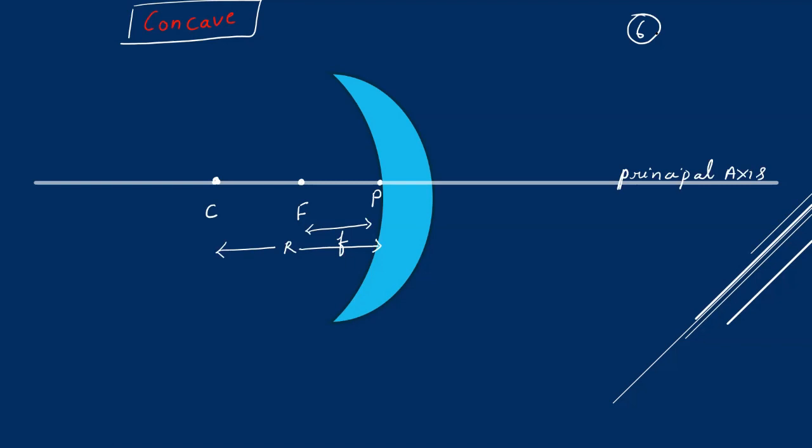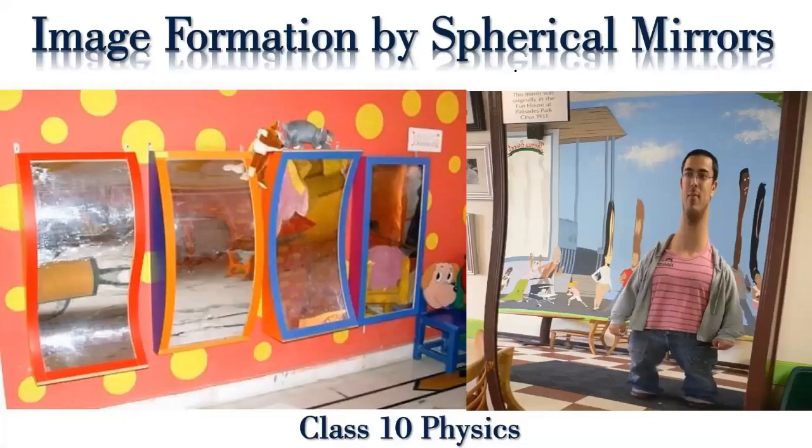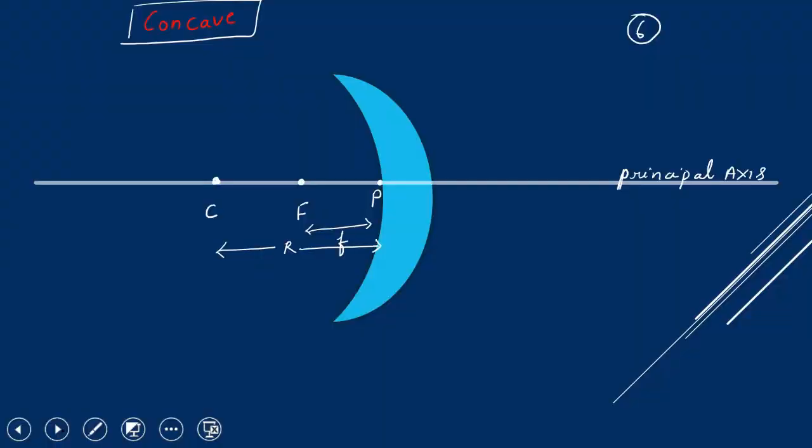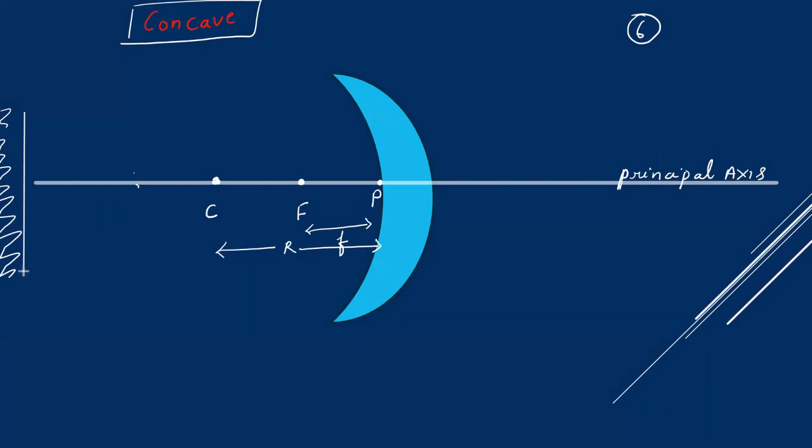Just to give you an idea, on the basis of this diagram, I'm going to tell you the 6 positions. Number 1, we're going to keep our object at infinity. This is infinity, so this is my object at infinity. This is the first position.